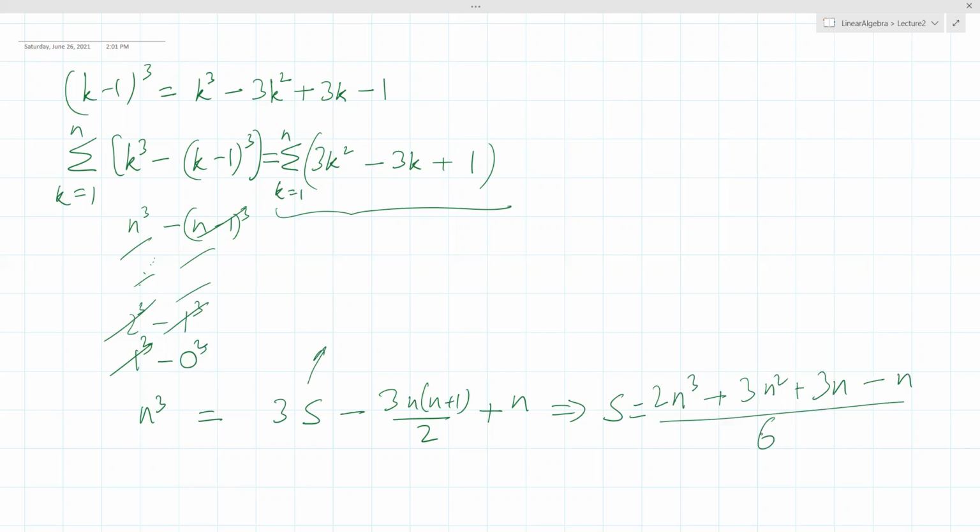So S comes out to be how much? This is 2, is that correct?